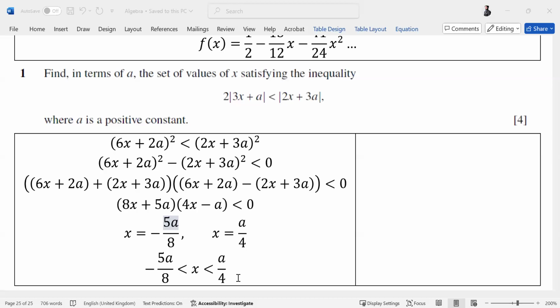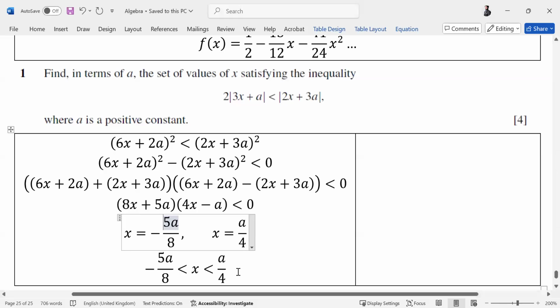We are claiming that our answers are all between a over 4 and minus 5 a over 8. अब जब in between solution होता है तो what do I tell you? इसके beyond check करो कि कोई solution है तो नहीं क्या.